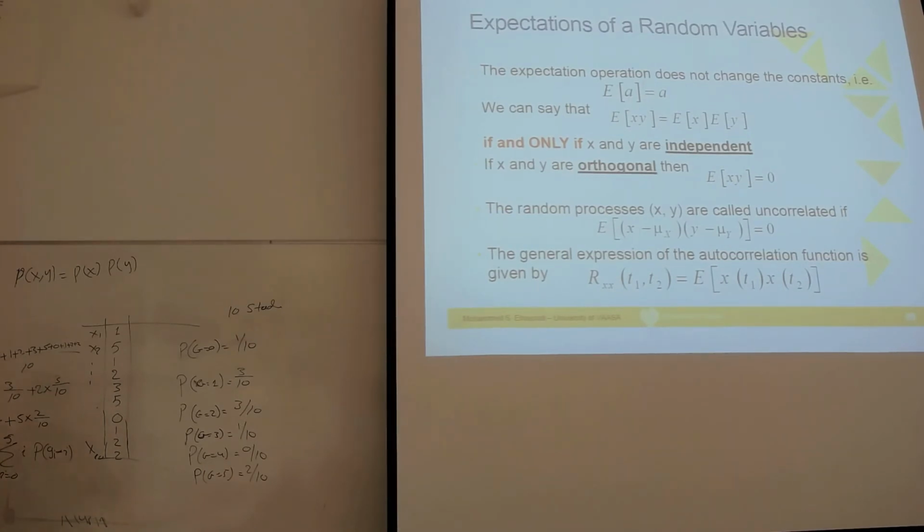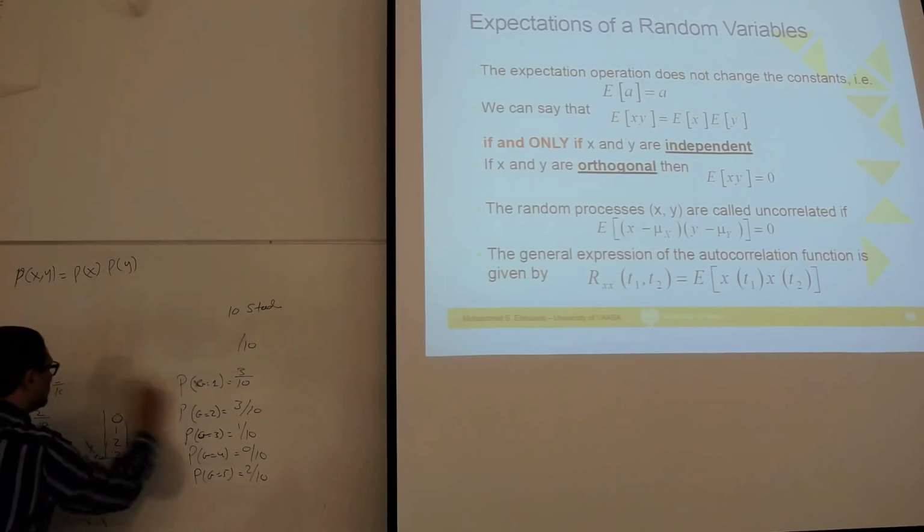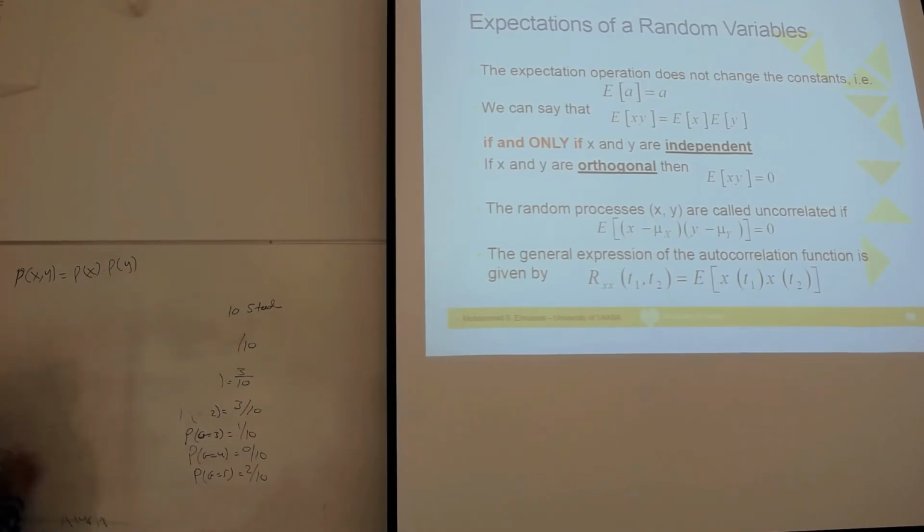Just to give you an example of why it is not necessarily true: if you have y1 equal to sine of x and y2 equal to cosine of x, where x is a random variable or random process. I will explain the difference between random variable and random process shortly.